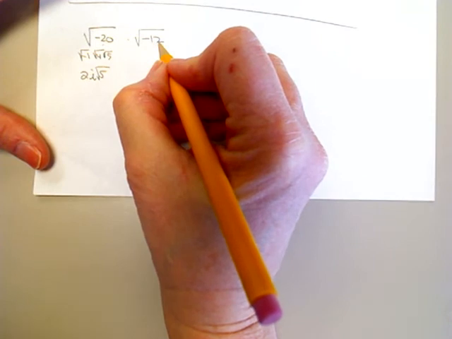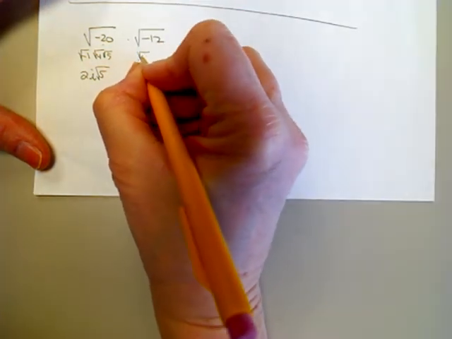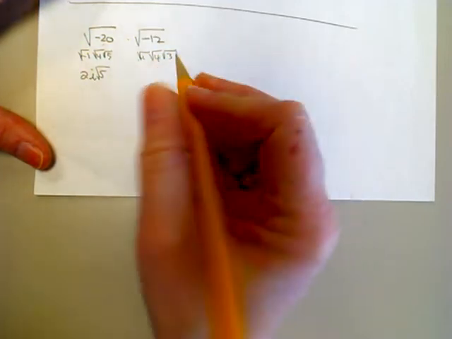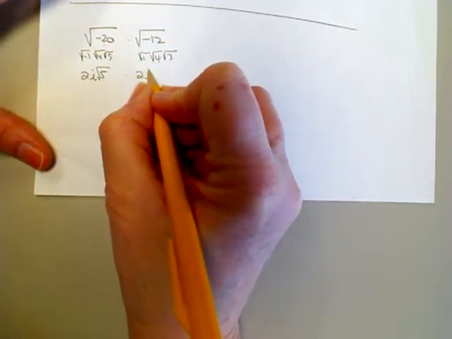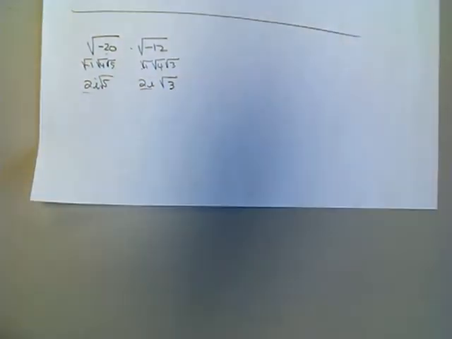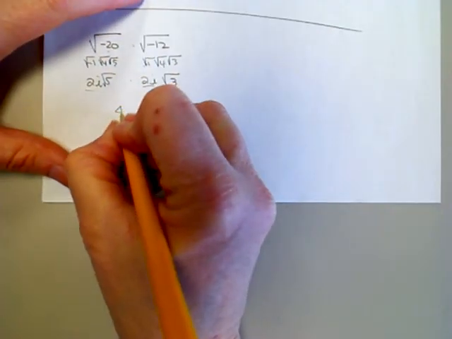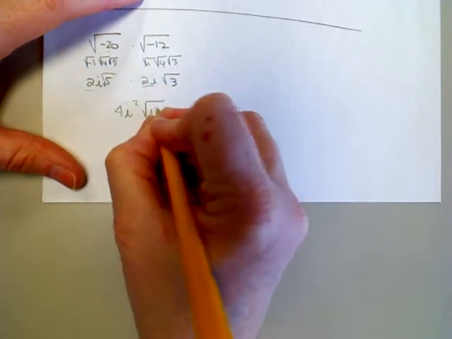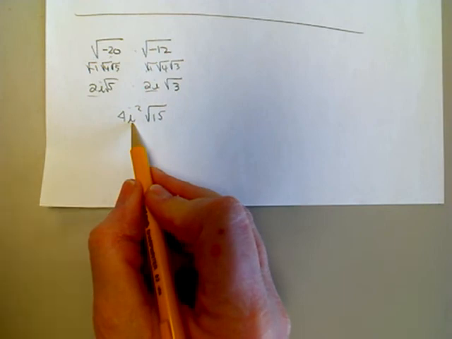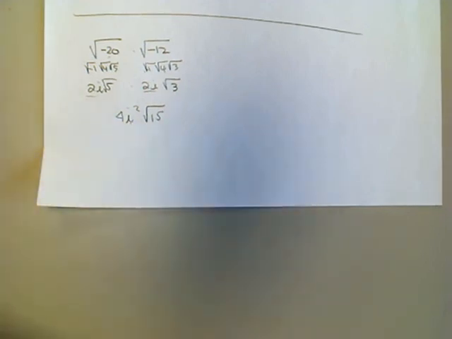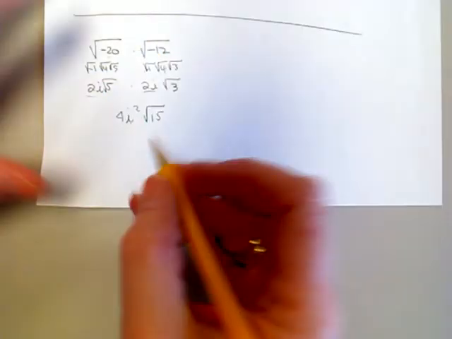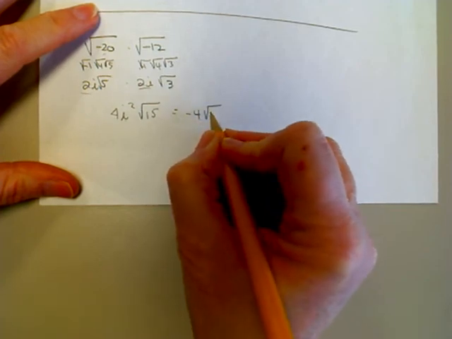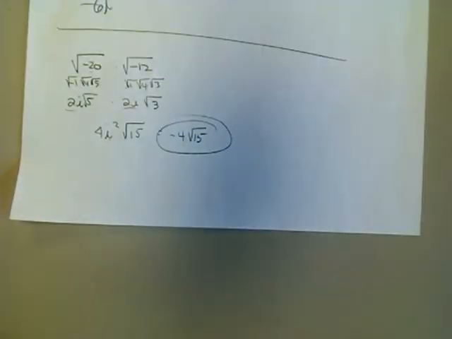And then this is the same as negative 1 times 4 times 3, which is going to give me 2i square root 3. So you multiply these two things together, which gives me 4i squared, and then the square root of 15, which can't simplify any further, and then go back to this. What's i squared equal? Looking at your pattern, negative 1. So it ends up being negative 4 square root 15 as the answer.